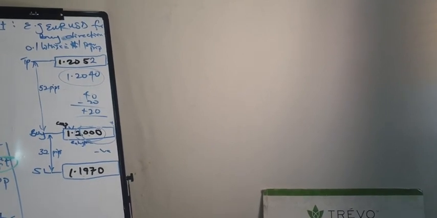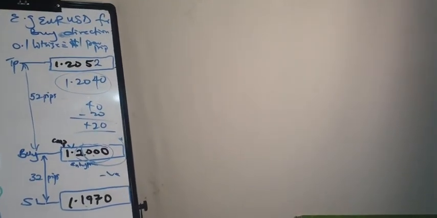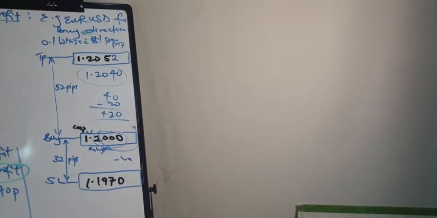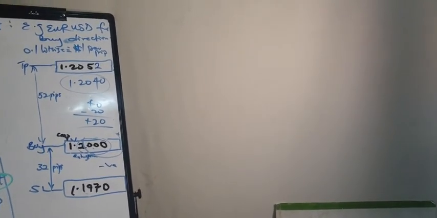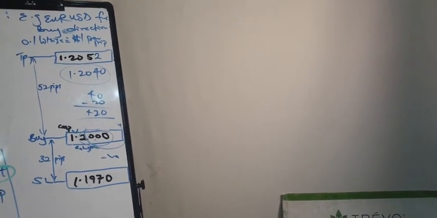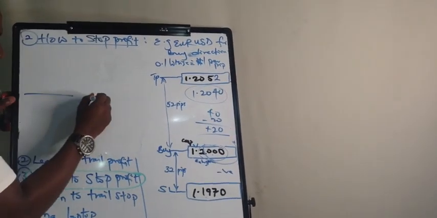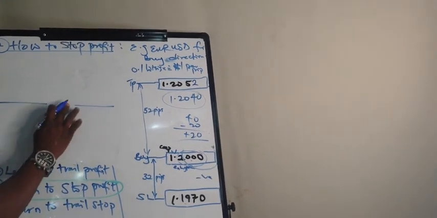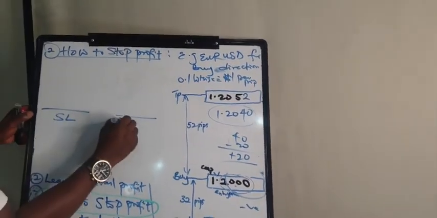So every time you have 20 pips, you shift your stop loss 20 pips in profit, 20 pips in profit, 20 pips in profit until you get to the take profit that you are admiring. So for example, initially I drew a line here earlier, which is the stop loss line, the take profit.